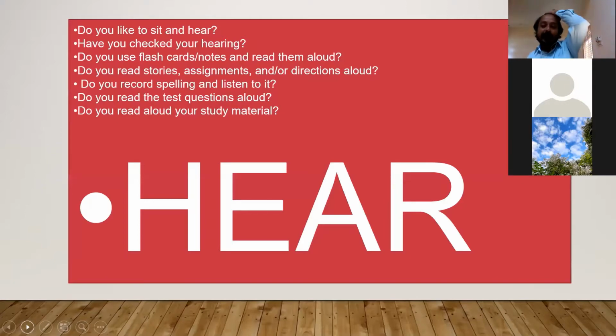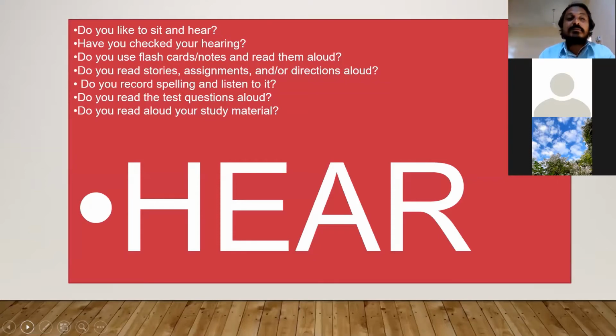If you are an auditory learner, you might like to sit and hear things. That means a lecture method is good for you. So what you need to do here is to check your hearing, your earphones, your ears regularly, and that will help you to grasp things as much as possible.